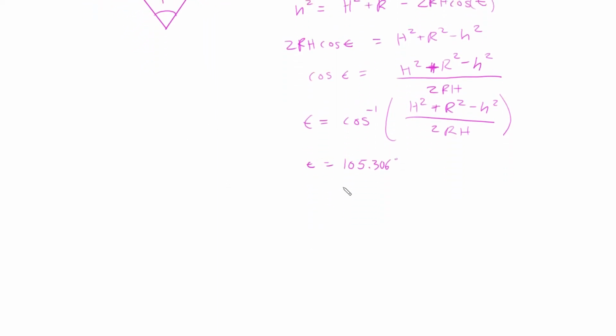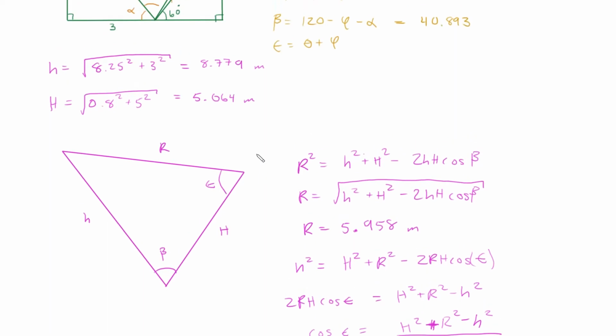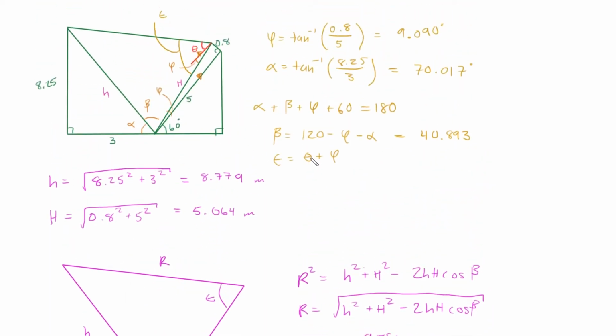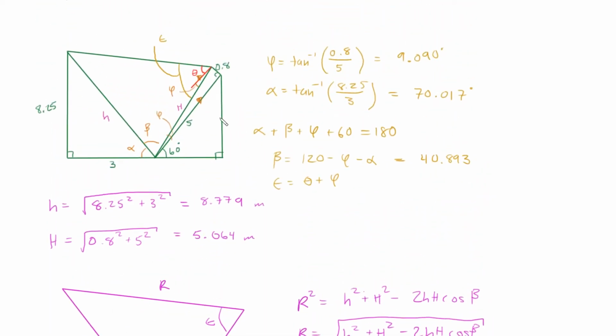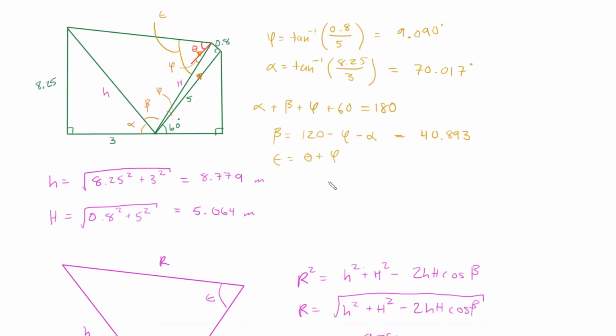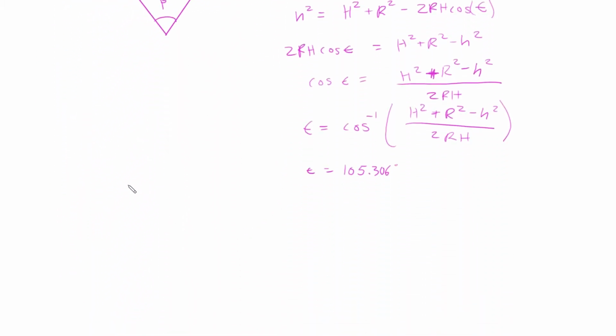free body diagram. So we could actually define this angle theta, which is what we're looking for, by using this equation: epsilon equals theta plus phi.